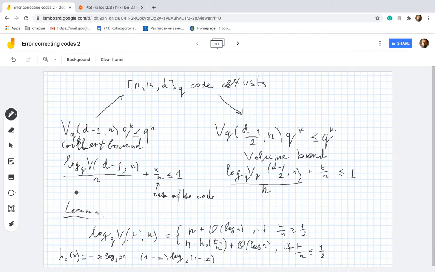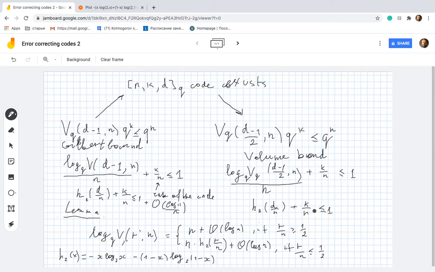So the first one looks like that: the Shannon function of d over n, plus k over n is at most 1, and the precision here is of order log n over n, because we divide by n, and this looks like the Shannon function of d over n, so we can ignore minus 1, plus k over n is at most 1.